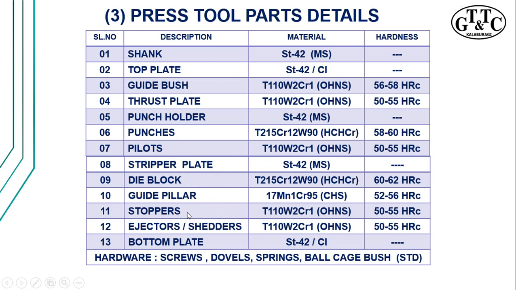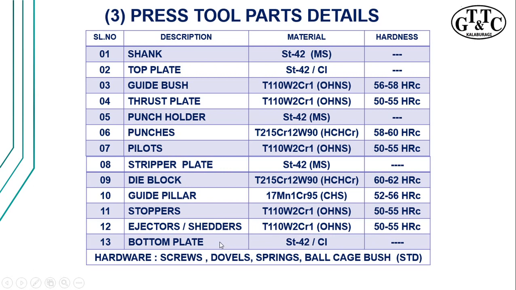Then you have various stoppers depending on the type of tool design. It can be stage stoppers or a final stop or might be trigger stoppers. All these stoppers are made of OHNS of 50-55 HRC. And if the design demands an ejector or a shedder, then the material selection can be OHNS of 50-55 HRC.